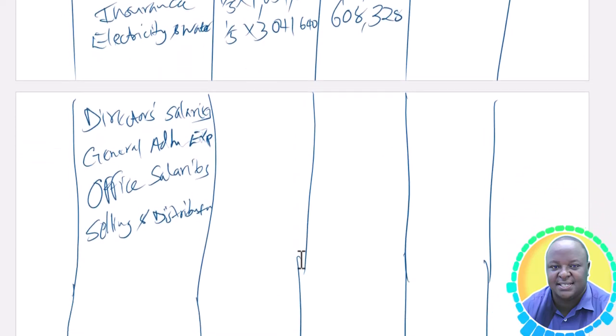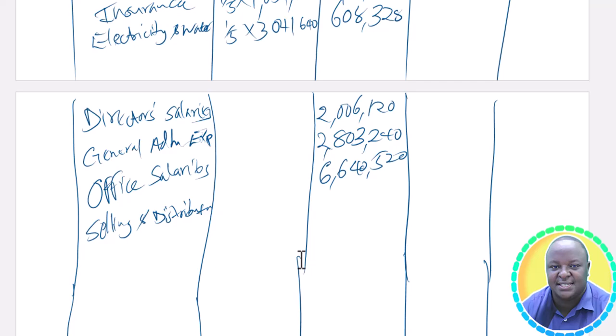For directors' salaries, we have 2,006,120. In terms of general administrative expenses, we have 2,803,240. Office salaries, we have 6,640,520, and then selling and distribution, we have 11,002,440.